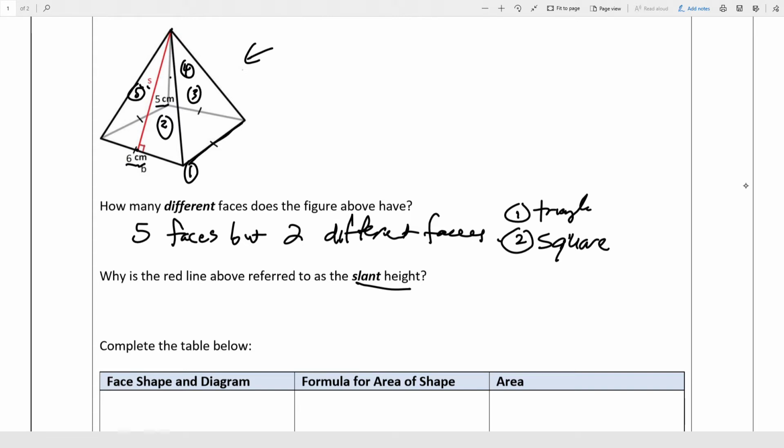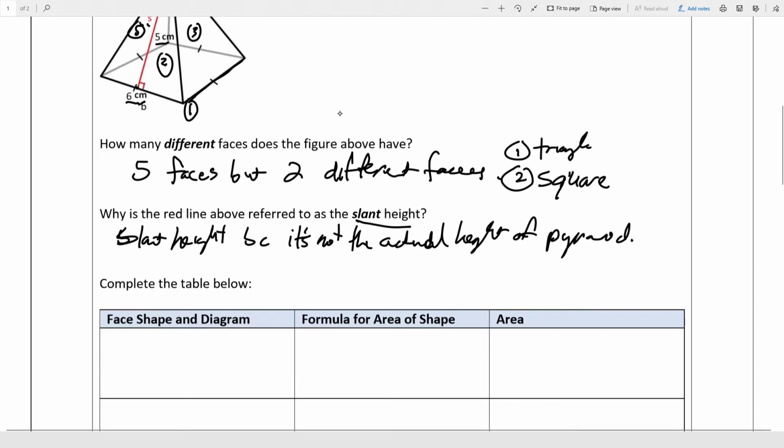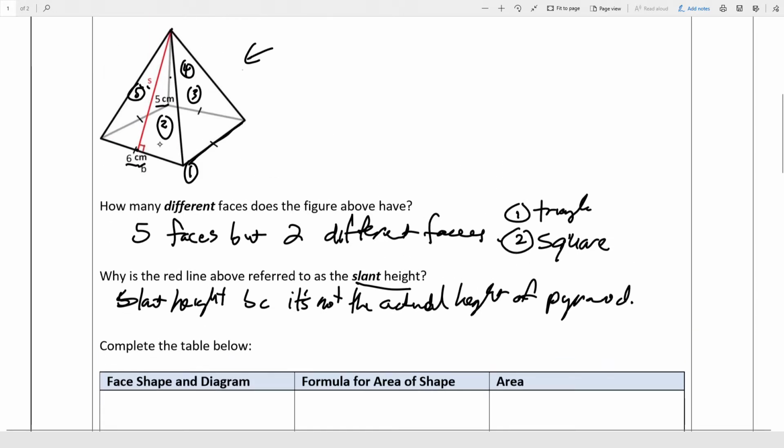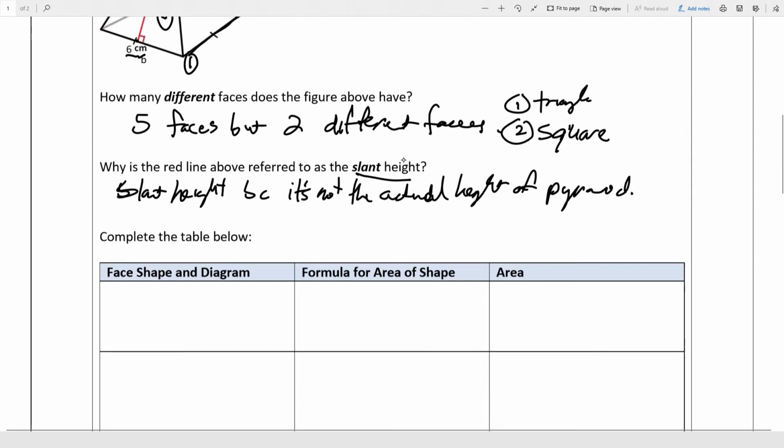So it's a slant height because it's not the actual height of the pyramid. But the slant height is very useful because it's the height of one of the triangles. And again, because all the triangles are the same, it's going to be the height of all the different triangles, all 4 of the same triangles.